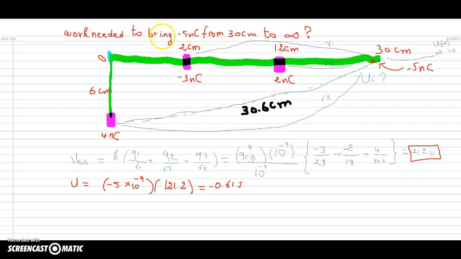The question is, how much work is required to bring this charge from this position to infinity? So the final energy is 0, the initial is this one.